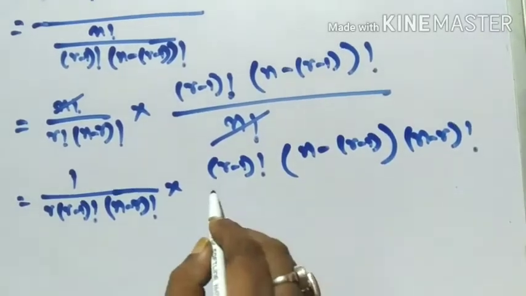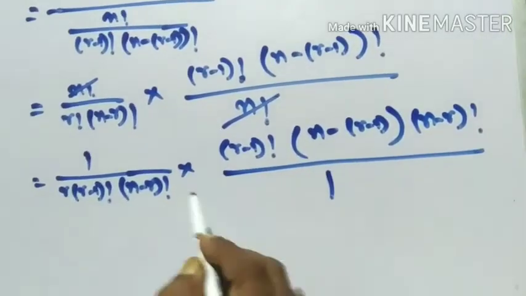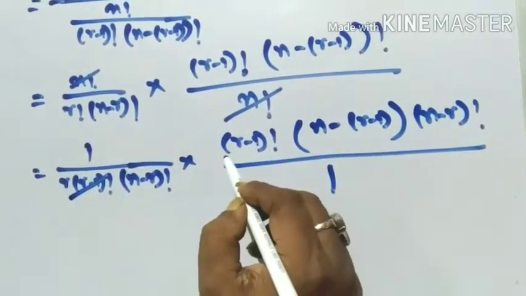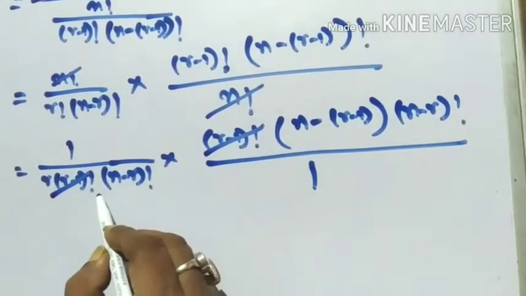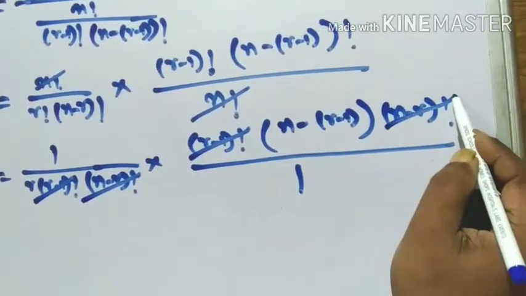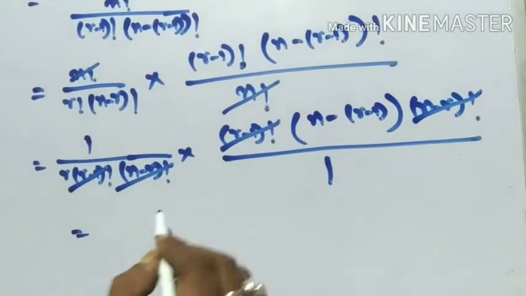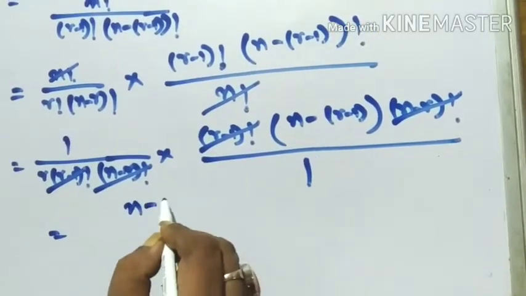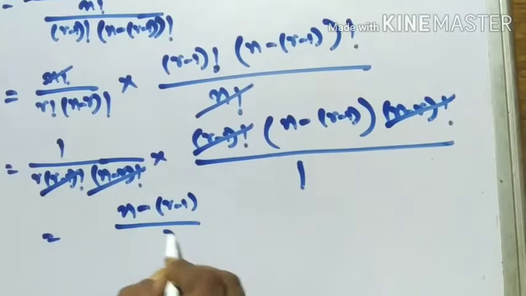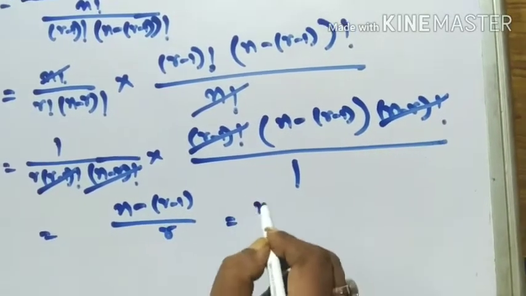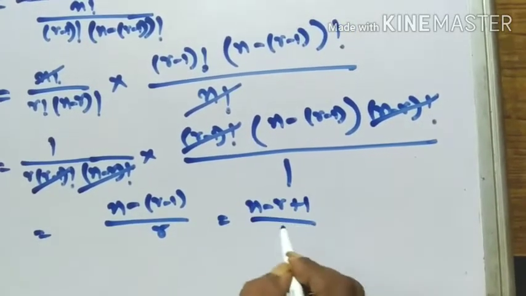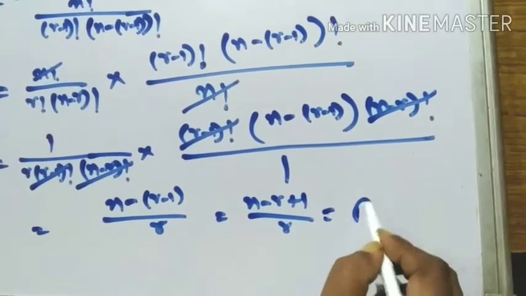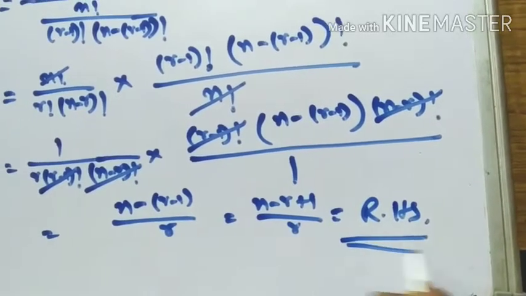So there is no denominator left, that means 1. You find that (r minus 1) factorial cancels out, and (n minus r) factorial cancels out, and the remaining is (n minus r plus 1) by r. See, this is equal to the right hand side.